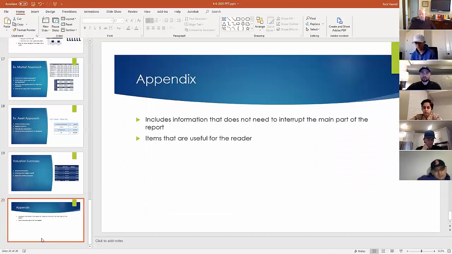The appendix oftentimes is longer than the remainder of the report. In fact, and this wasn't a valuation report, but it's not unusual proportionally. When I wrote my dissertation, as I was completing my doctorate, my dissertation became a book. And it was 360 pages. But of that 360 pages, well over 100 pages were simply appendix.